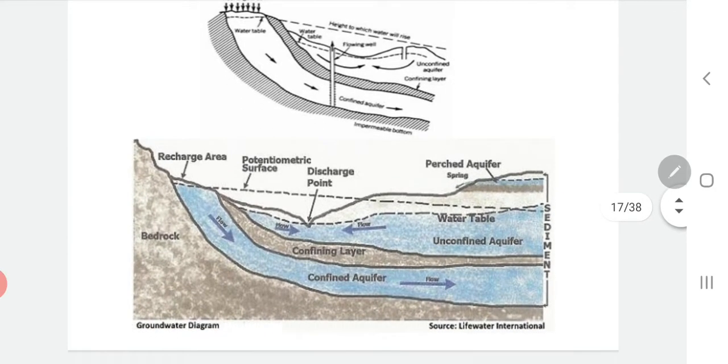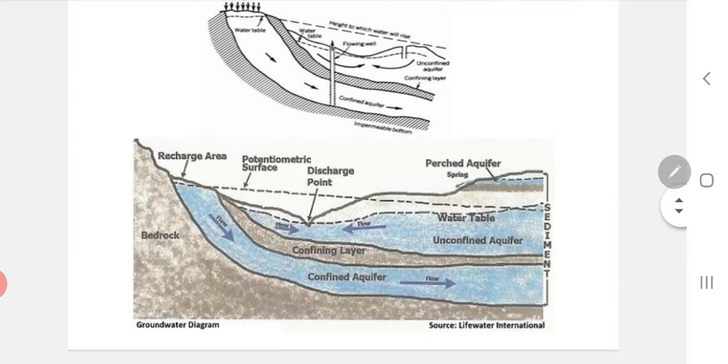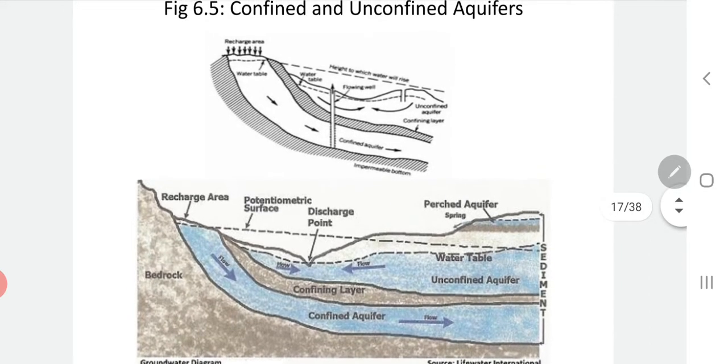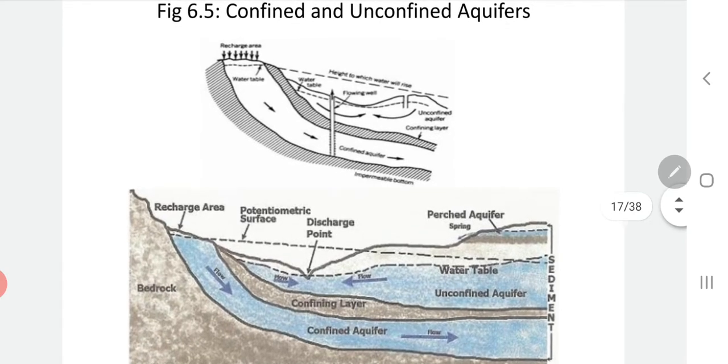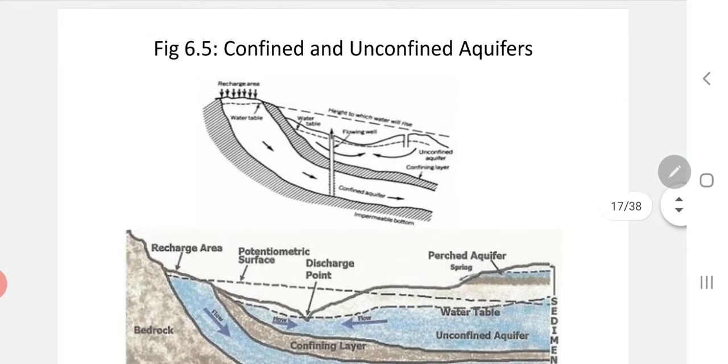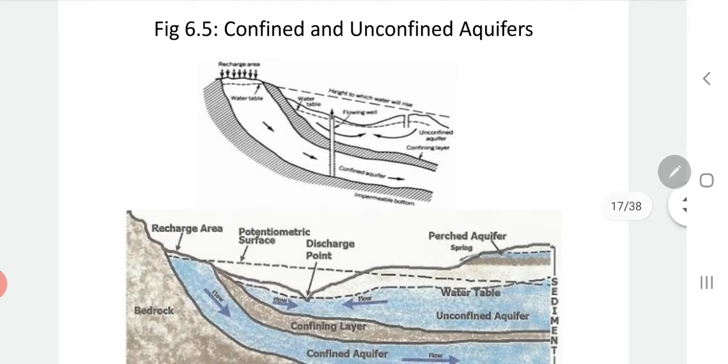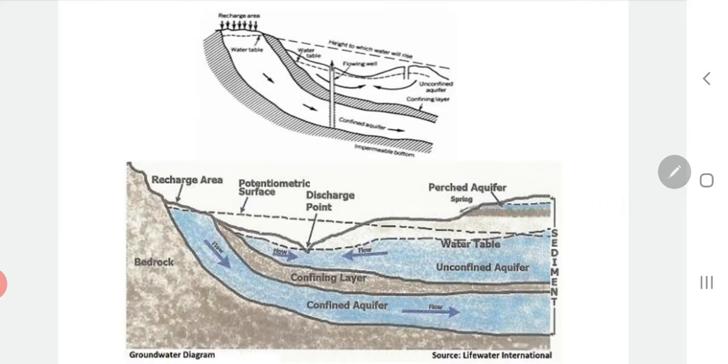Okay, let's look at the picture to really understand what is an unconfined aquifer and a confined aquifer. An unconfined aquifer is more at the surface of the earth crust, where you can easily take out the water, and there is no definite layer to confine this aquifer. So it is more like surface flow, but inside the soil or inside the rock.